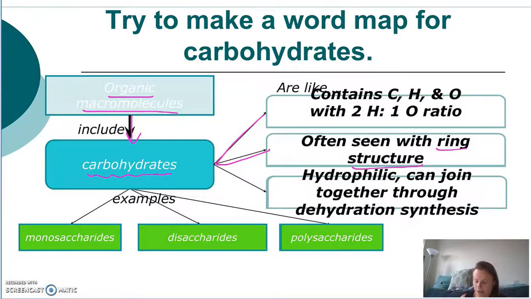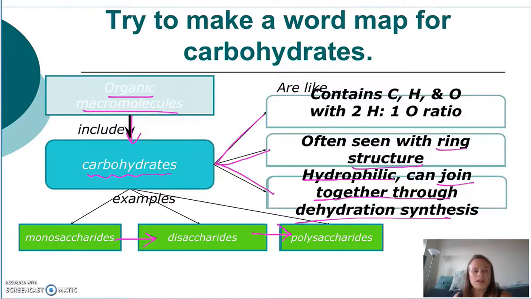And we will have some with 1 ring, some with 2 rings, some with many rings. Carbohydrates are hydrophilic because they possess that hydroxyl group, and the monosaccharides, the monomers, can be joined together through dehydration synthesis to form disaccharides as well as polysaccharides.